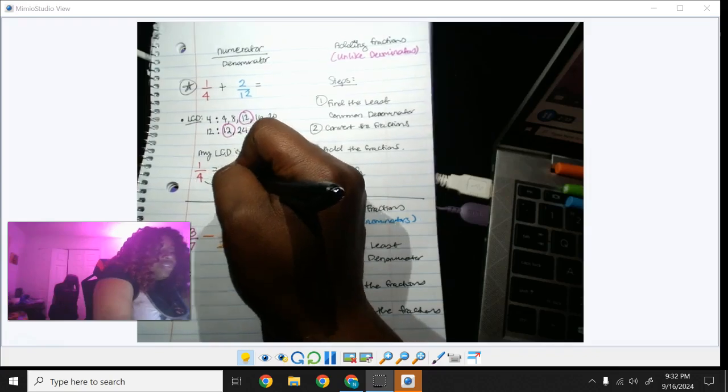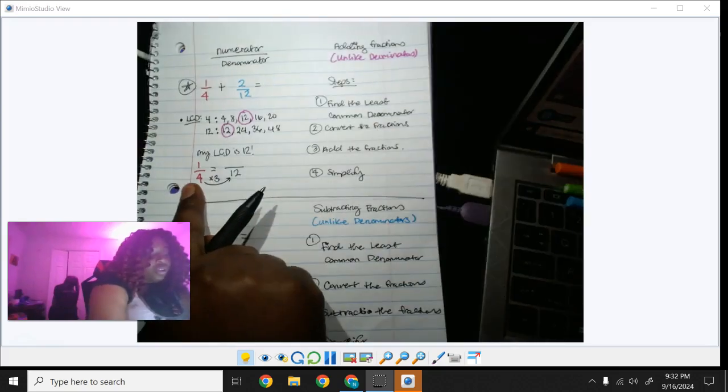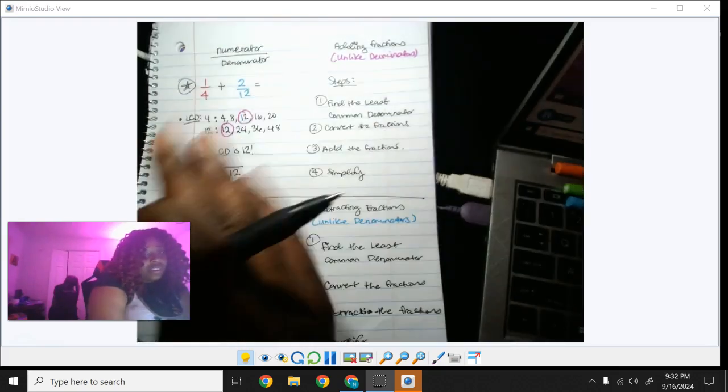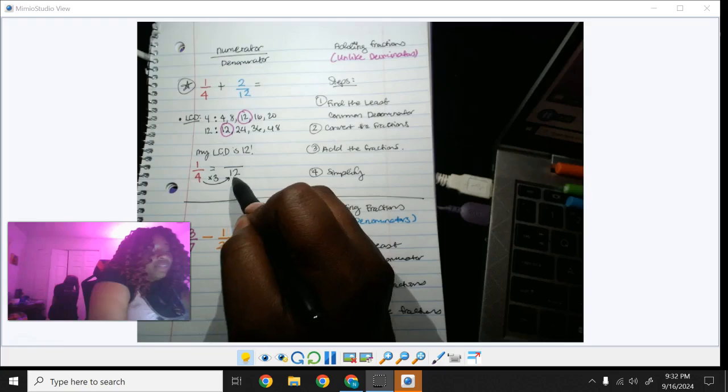So I'm going to use the algorithm. And since I'm going from a smaller number to a larger 12, I'm going to simply multiply, because when you go from small to big, it's an increase, so you're going to multiply. So from 4 to 12, 4 is multiplied by a factor of 3 to get 12.